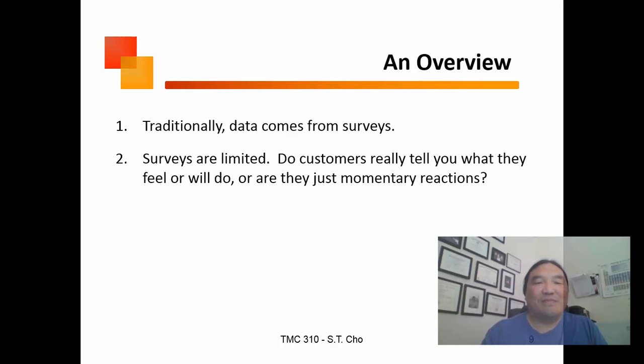Traditionally, we think of data coming from surveys. The thing is, surveys are limited. Do customers really tell you what they feel or do, or are they just momentary reactions? For example, they talk about the amount of noise in the surveys for Donald Trump. Would it have been better for a survey to take the values distinctly Trump, like America First, border security, or whatever, and then take the values of Hillary Clinton, like women's equality and pay, things like that?